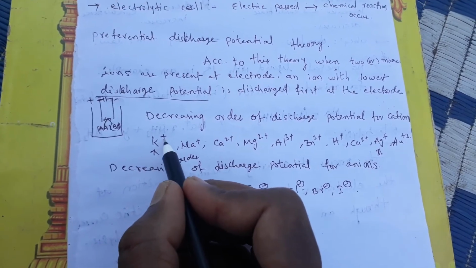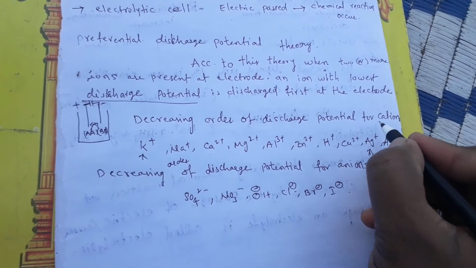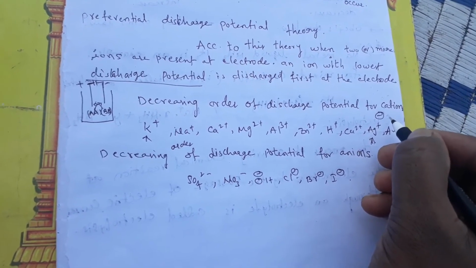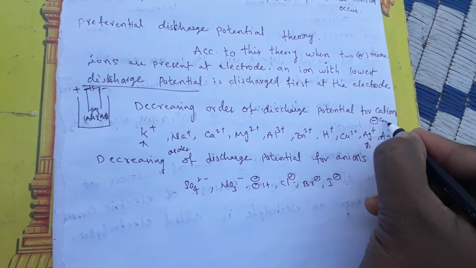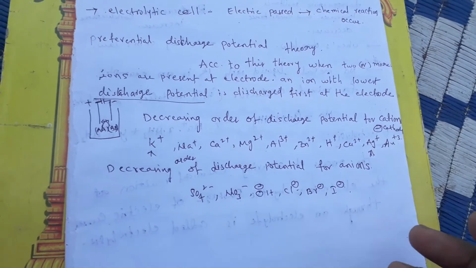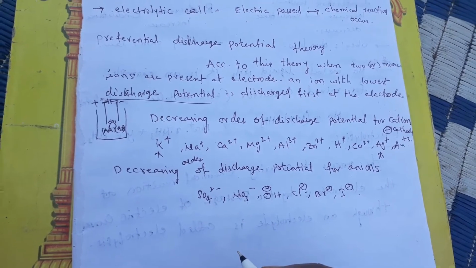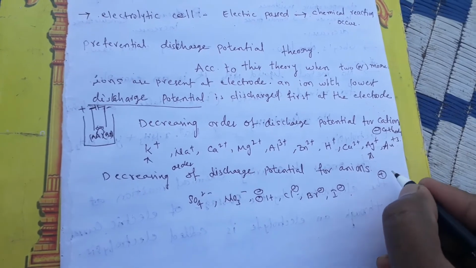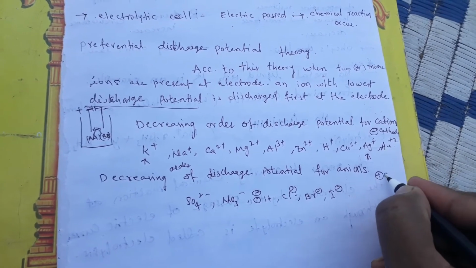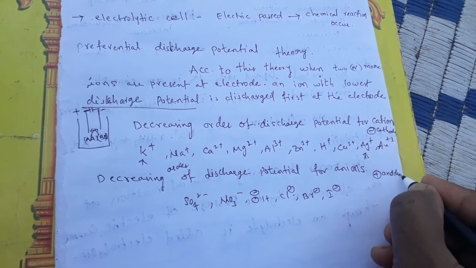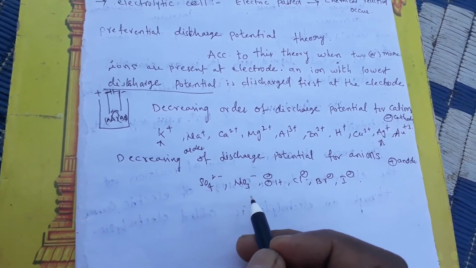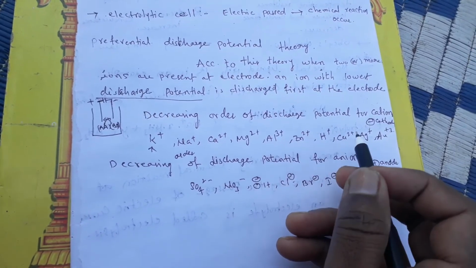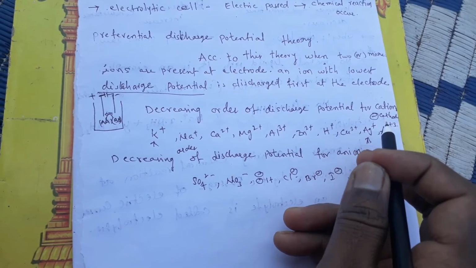These are positively charged ions, so they should discharge at the negatively charged electrode, that is the cathode. So these ions will preferentially go to the cathode, and here the negative ions are discharged at the positively charged electrode, that is the anode. So these ions undergo oxidation, and those ions undergo reduction and are deposited at the negatively charged electrode.